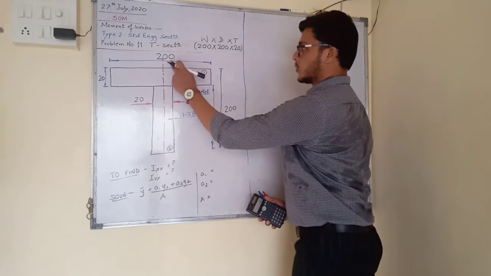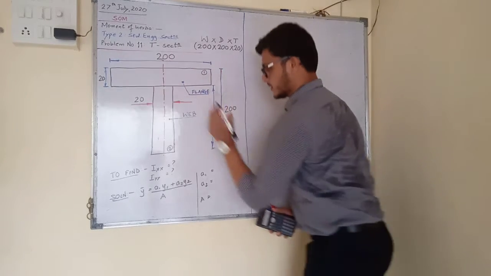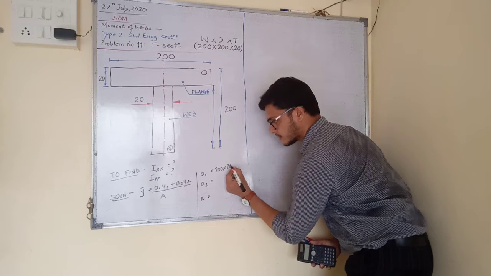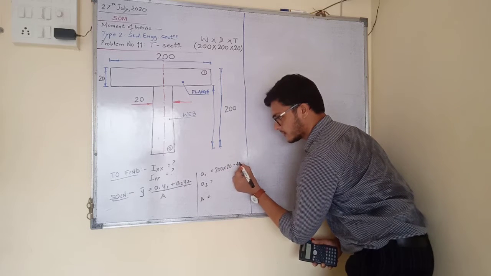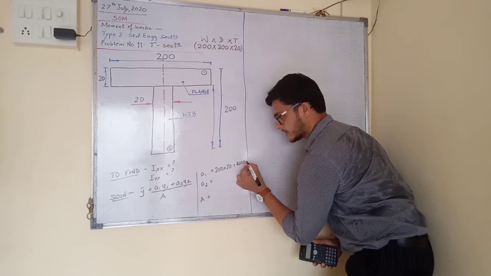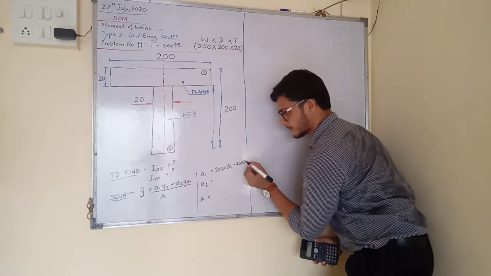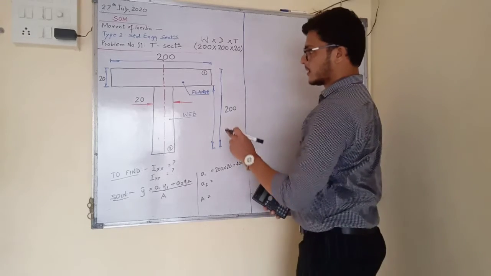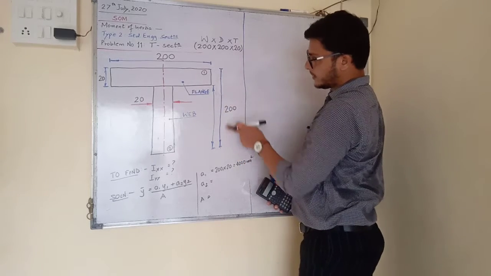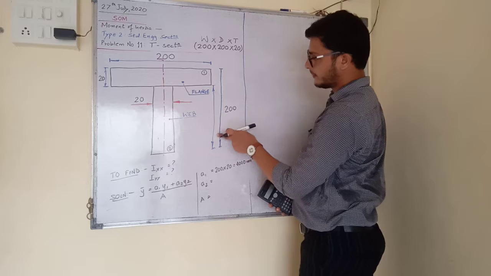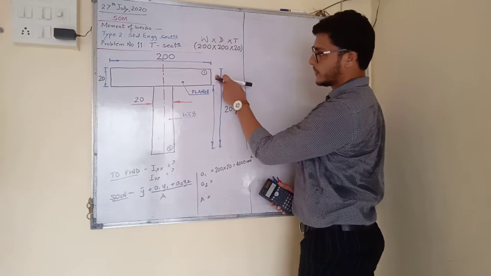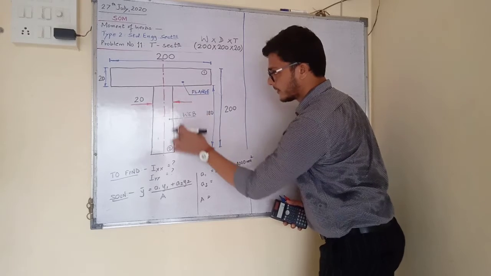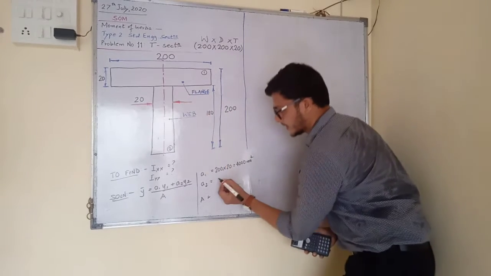a1 is how much? 200. This thickness is 20. So 200 into 20, so this will be 4000 millimeters square. A2 will be how much? Now this is overall depth, so depth of web will be 200 minus 20, that is 180. So depth of web is 180 and thickness is 20.